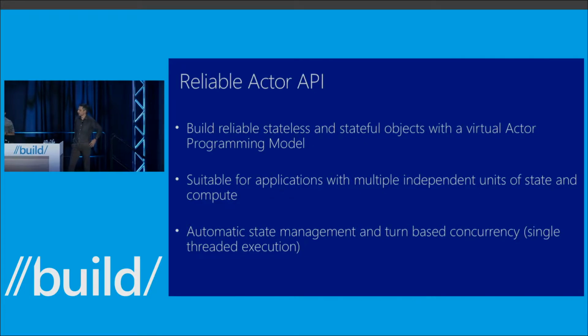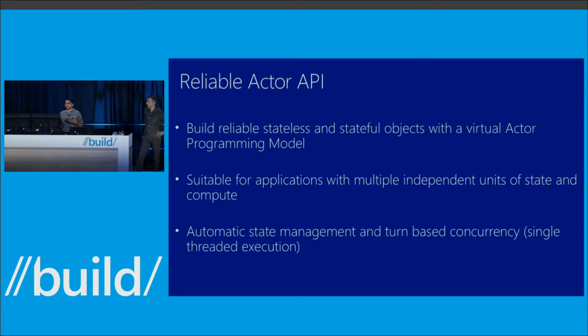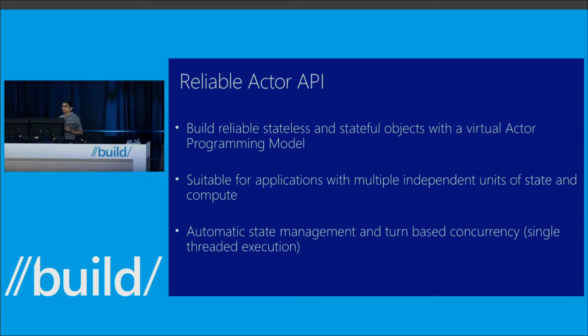The runtime provides you automatic state management, as well as a very simple turn-based concurrency. What it means is that you don't have to write complicated synchronization logic. You do not have to write complicated code to save your state to some backend database and make it reliable. The platform takes care of that for you.